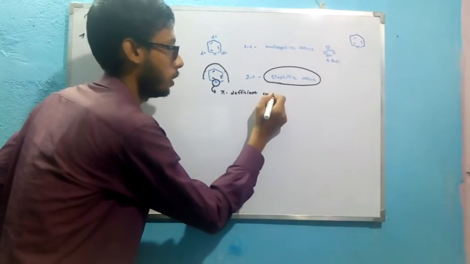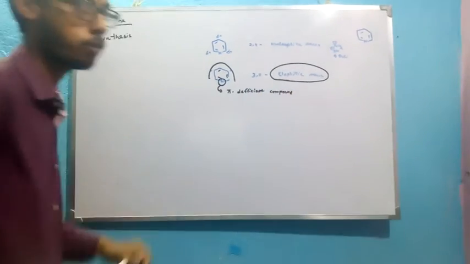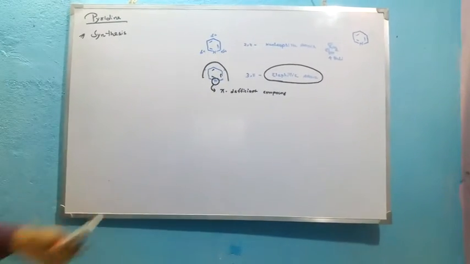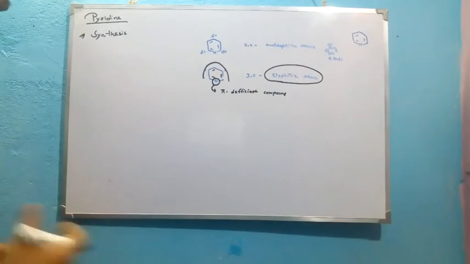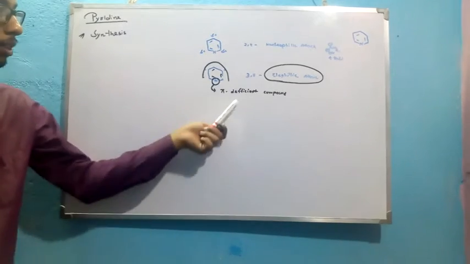In the cases of pyrrole, furan, thiophene, pyrazole, imidazole, those are pi sufficient compounds. So pyridine is a pi deficient compound.